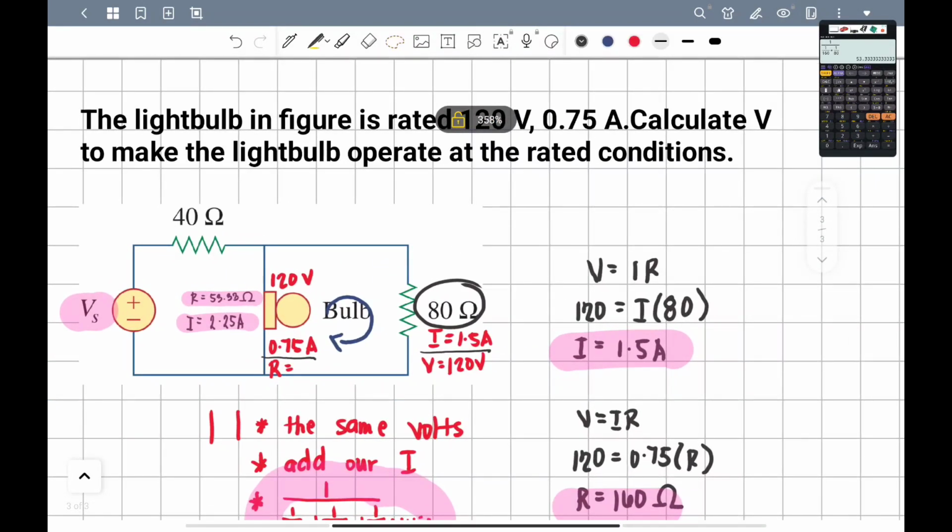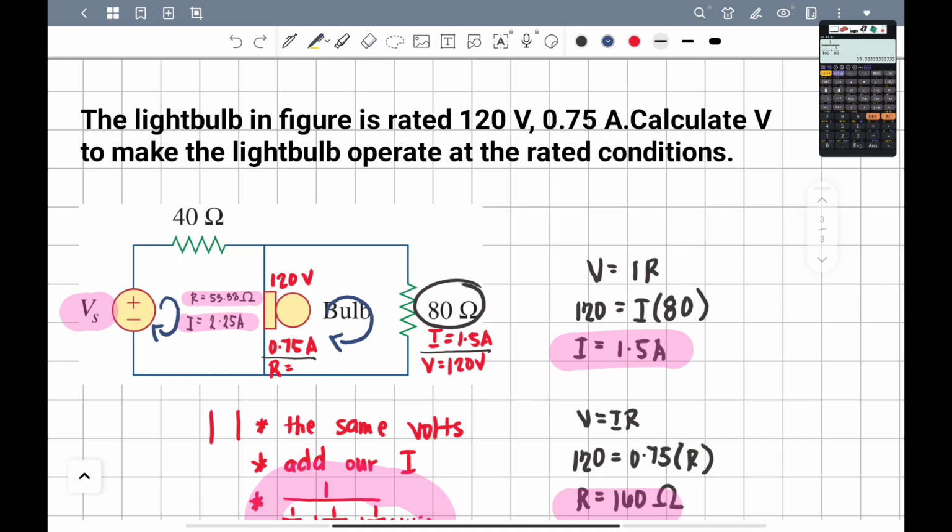Now if we are going to make a loop here now, these are now connected in series condition. Okay, so they are now connected in series conditions, and in series conditions we have the same current, the same I, and we are just to add our resistance.